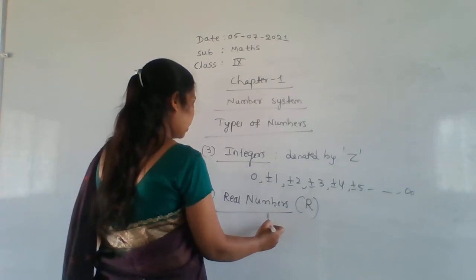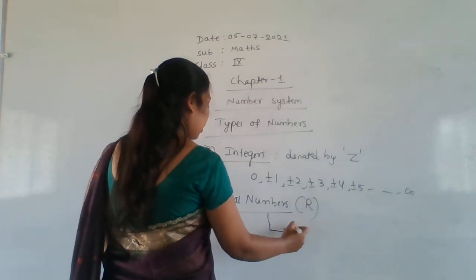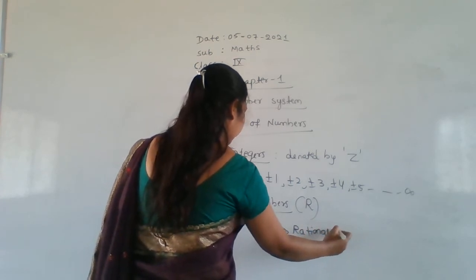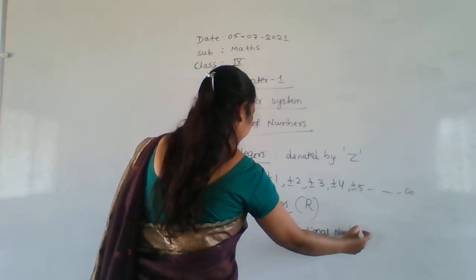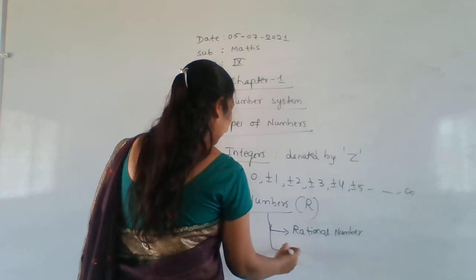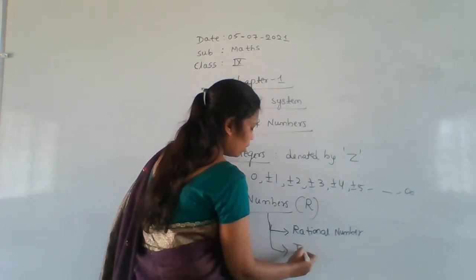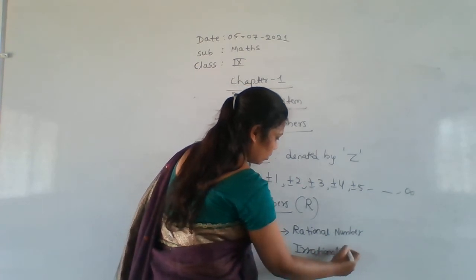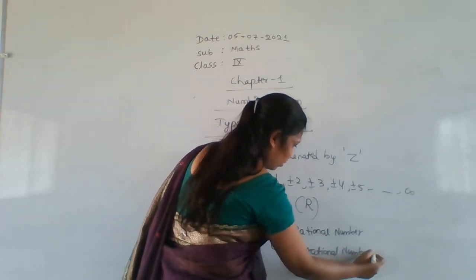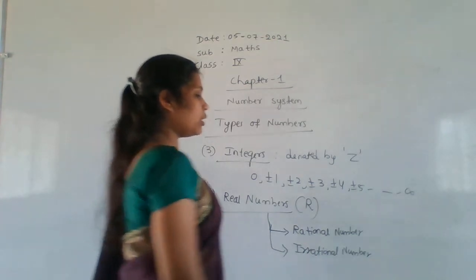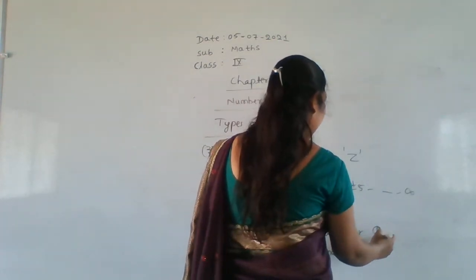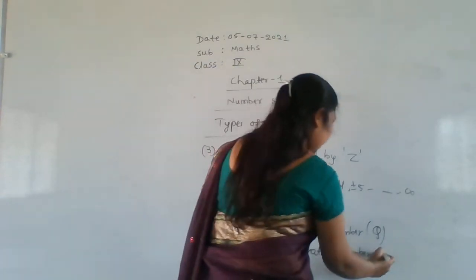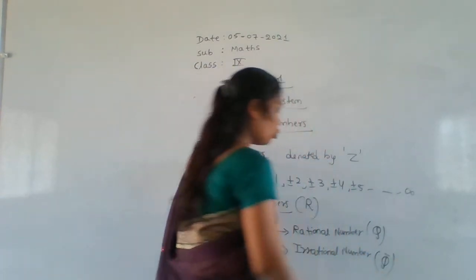The first one is the rational number, and the second one is the irrational number. And the rational number is denoted by what? That is a capital Q. And the irrational number is denoted by capital Q bar.